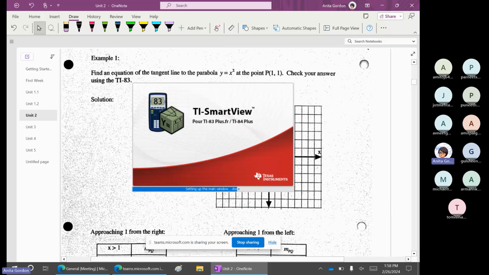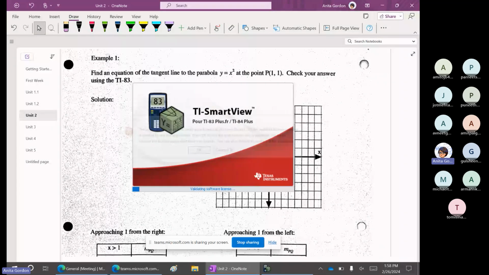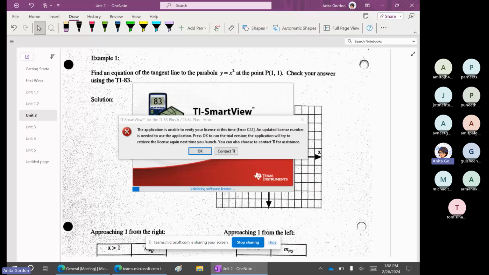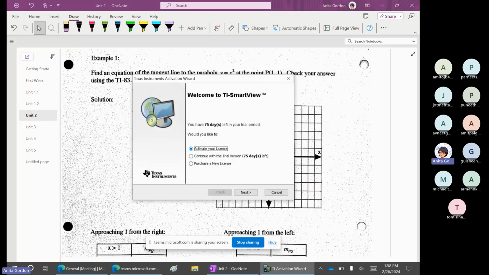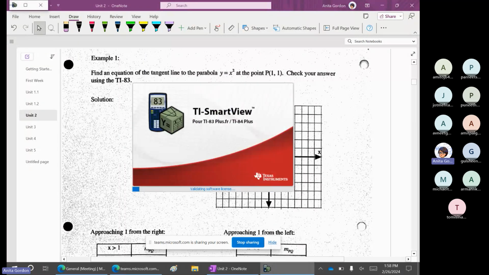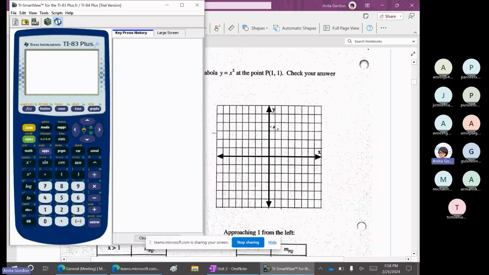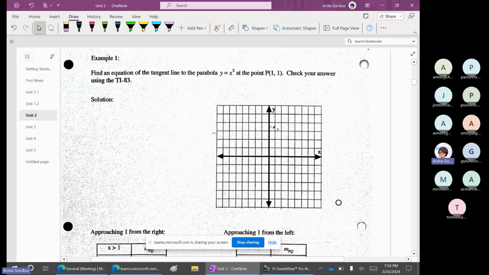So we are going to look at a quadratic that we are all very familiar with, x squared, and we're interested in the point 1, 1. And we want the tangent at that line. So I'm going to show you how to use our calculator, but for right now, let's just do some by hand math.